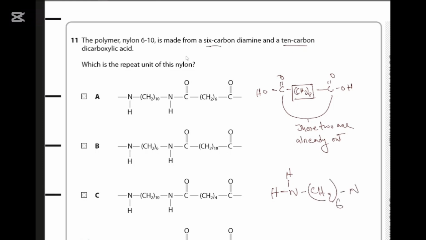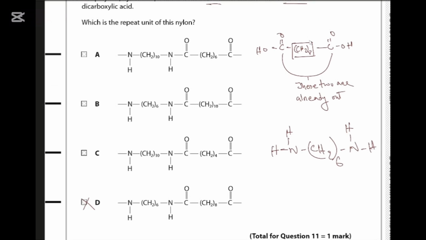And at this end, it is another amine group. But for the carboxylic acid, 10 carbon carboxylic acid means the carbon of the COOH group is counted. Here in the amine, it's connected to the carbon, so we can write 6 chains. But here, this carbon is counted along in the 10 carbon group.